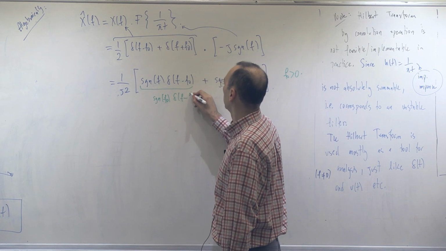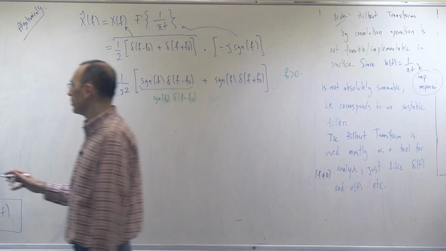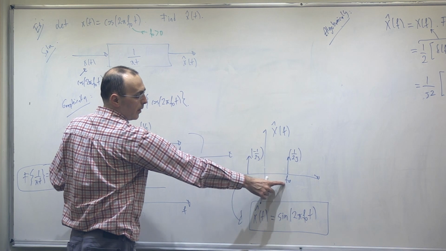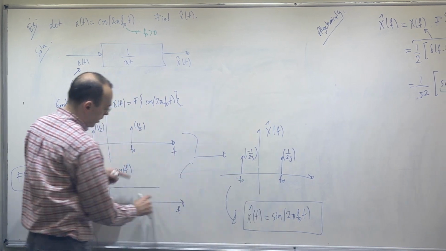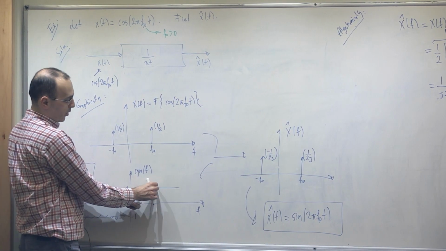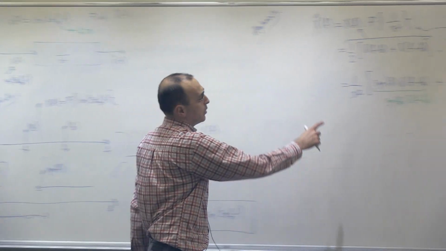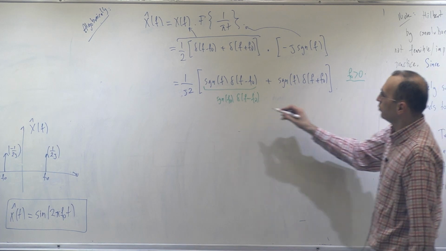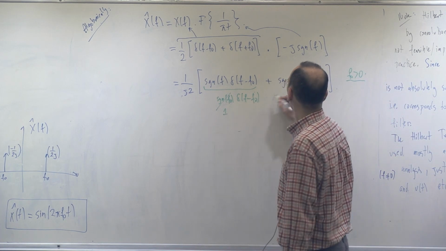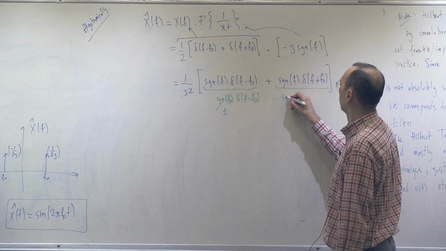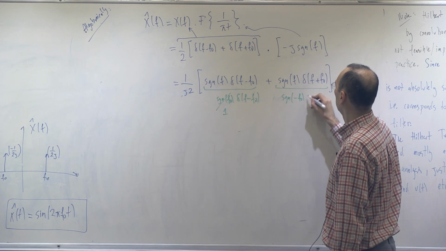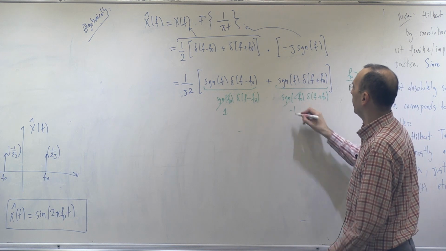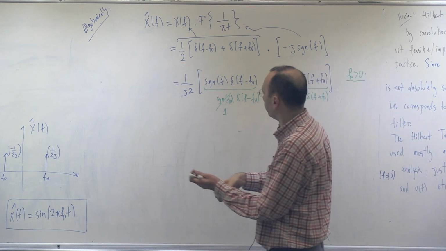I have a Dirac delta at the same location, but the weight is changing by this multiplication. Now f naught is greater than 0, so this is equal to 1, and this is equal to minus f naught, so this is equal to minus 1.